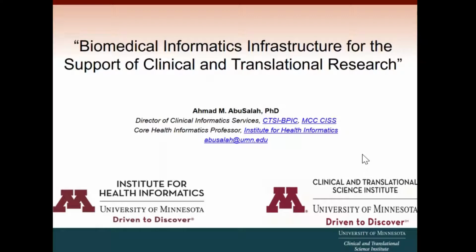And while generating clinical data is a fairly straightforward process, there's a whole discipline of sciences in how that data is extracted, transformed, modeled, understood, and then served in a research capacity. And that's a very heavy lift, and we're very lucky that we don't have to do that lift alone. We're very fortunate to have Dr. AbuSalah and his team to lead those efforts broadly for the university community.